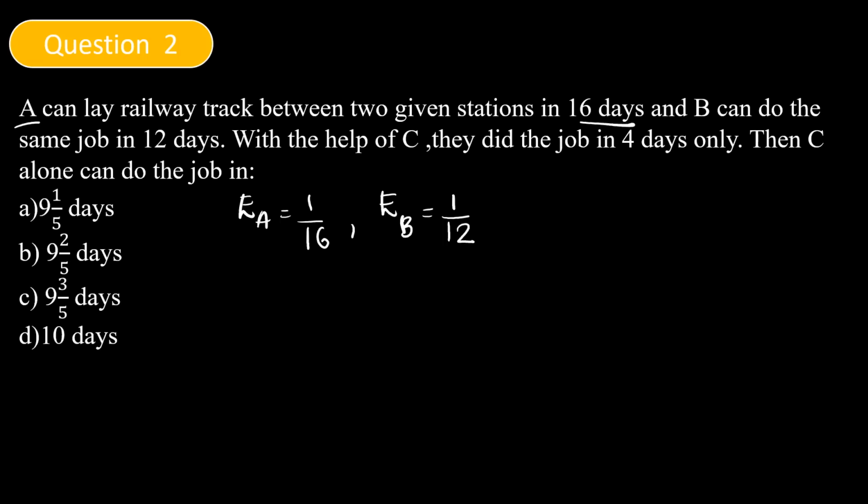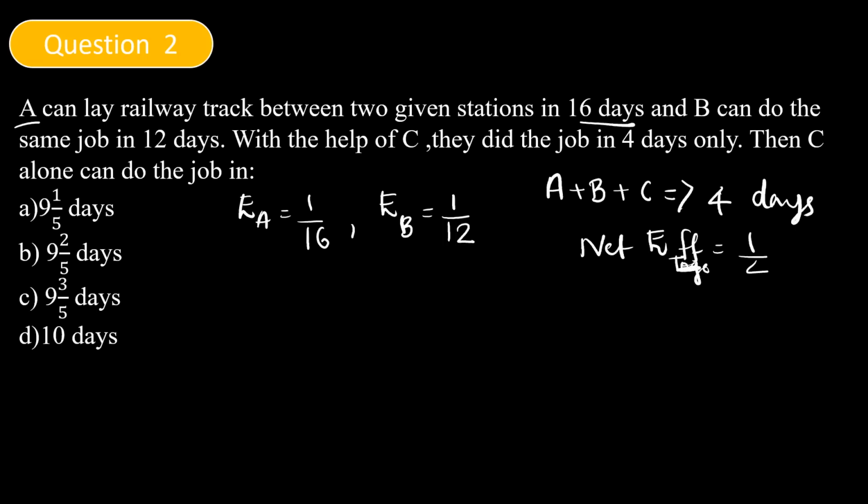Now with the help of C, they did the job in 4 days only. That means when A, B, C are working together, they can complete the job in 4 days. That is, the net efficiency is 1 by 4, the reciprocal of the number of days.